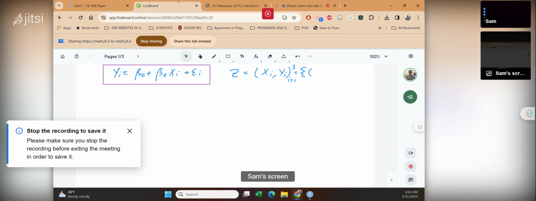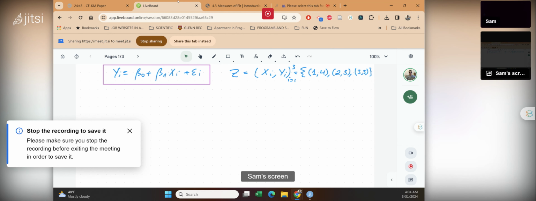The first value of x that you observe is 1. The first value of y you observe is 4. The second value of x that you observe is 2. The second value of y that you are observing is 3. And the third x, y pair is 3 and let's say 5. Okay, so this is your data set.